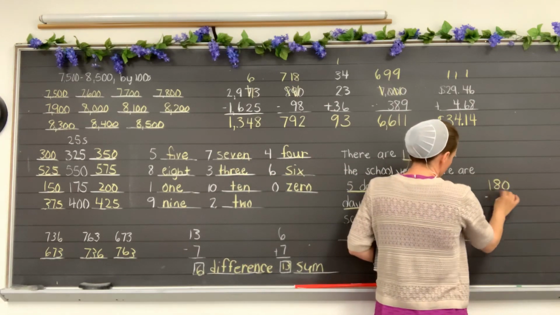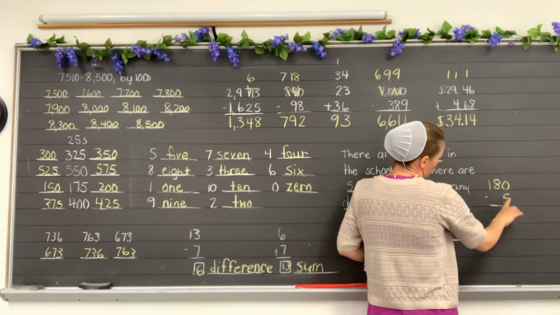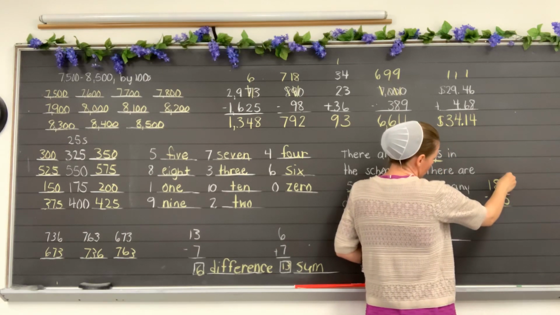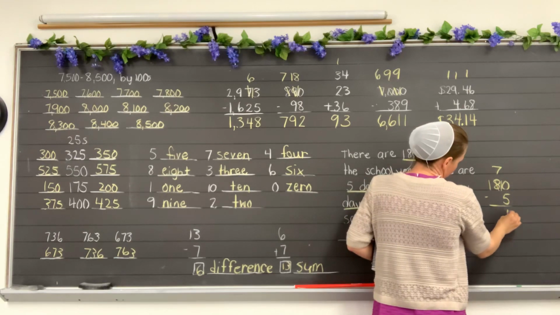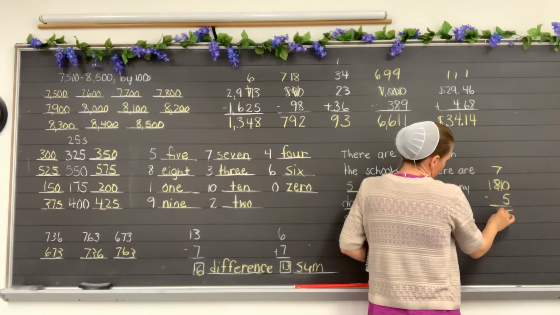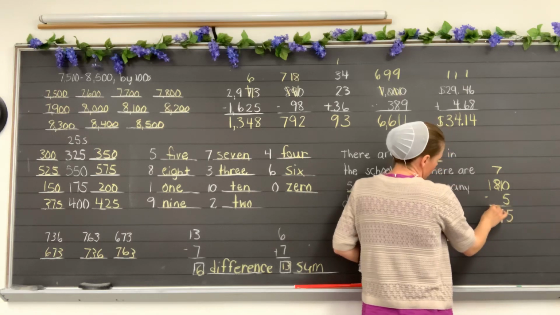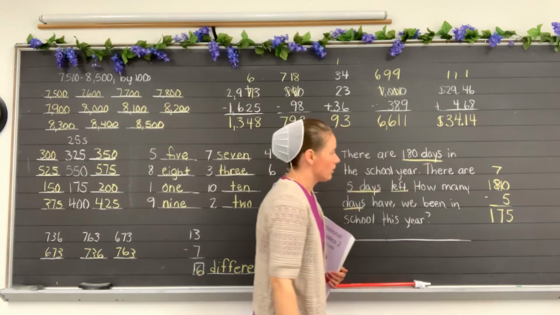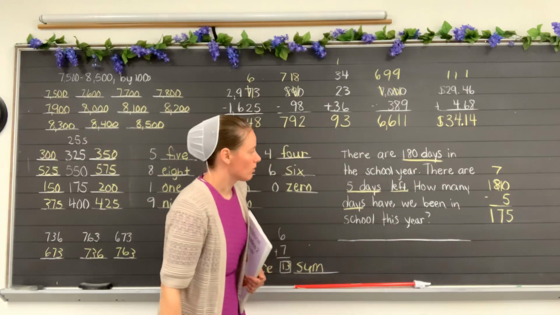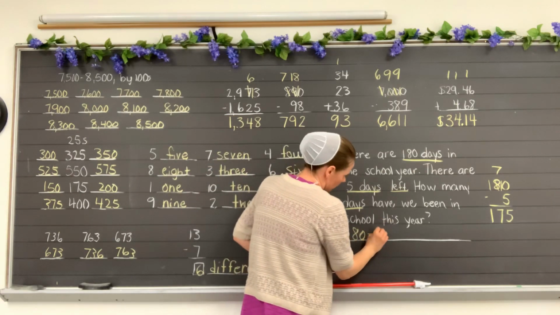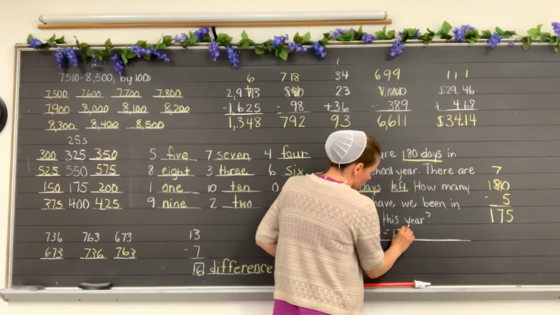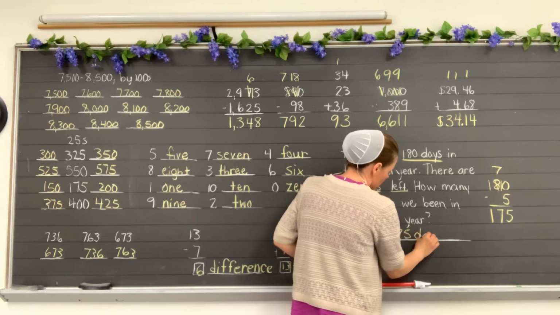We'll do our work over here. 0 minus 5, we can't do that, so we need to borrow. 10 minus 5 is 5. 7 minus nothing is 7. 1 minus nothing is 1. So 175 is your answer. And we'll just write it in here now. 180 minus 5 equals 175 days.